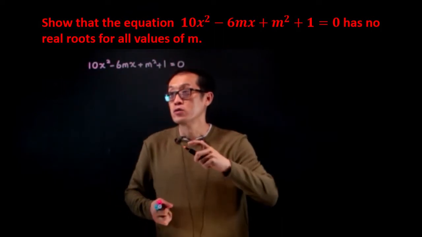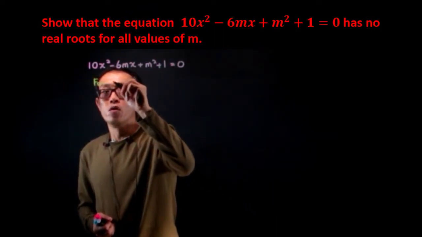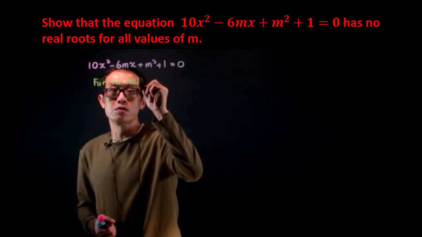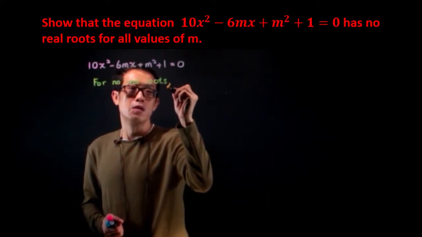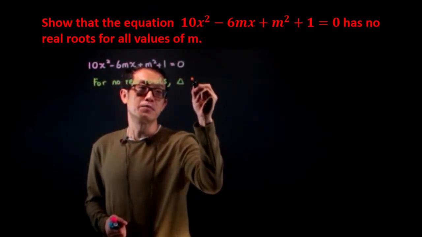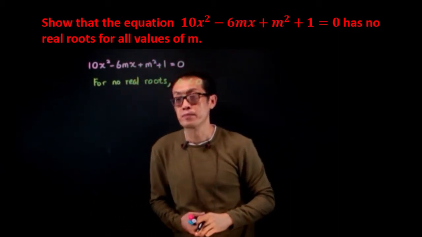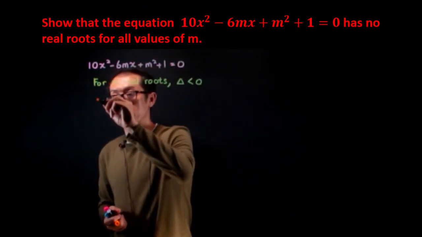So for no real roots, your discriminant must be less than 0. So let's find out what the discriminant is.